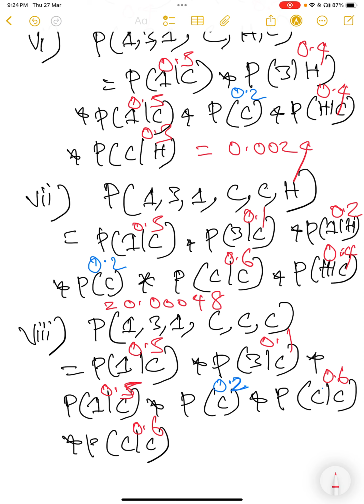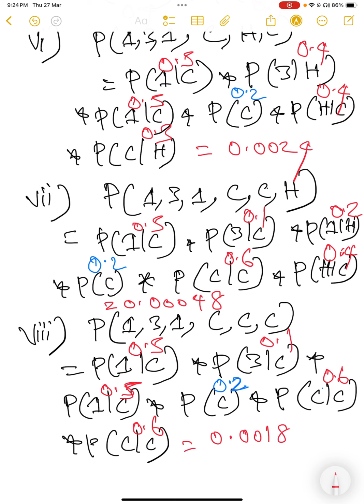So we get 0.5 into 0.1 into 0.5 into 0.2 into 0.6 into 0.6, which is 0.0018.